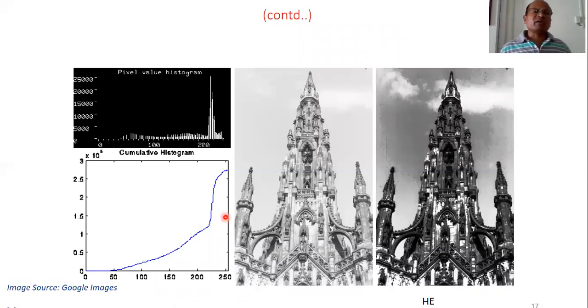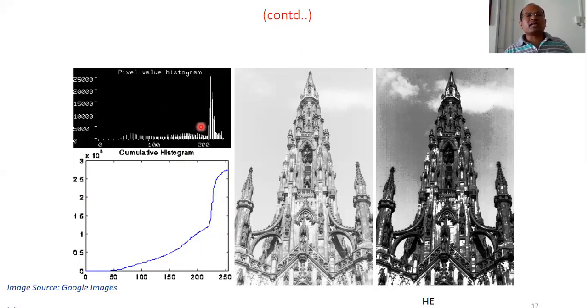Look at another example of cumulative histogram, as I told you. Cumulative means we are just changing. So this is the characteristic. Finally, suppose the initial histogram is like this.